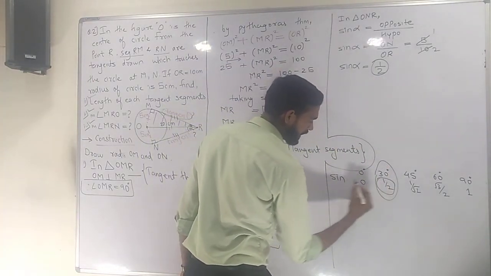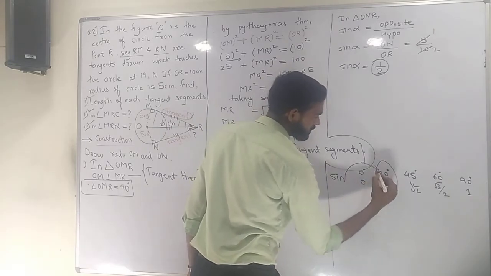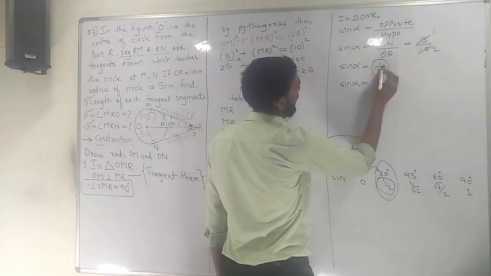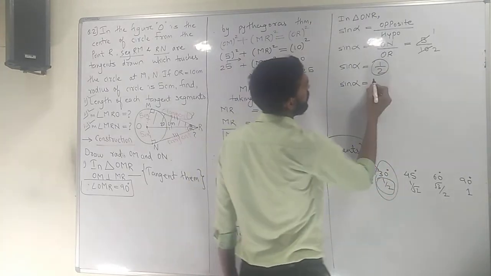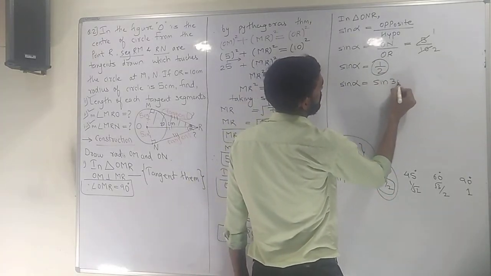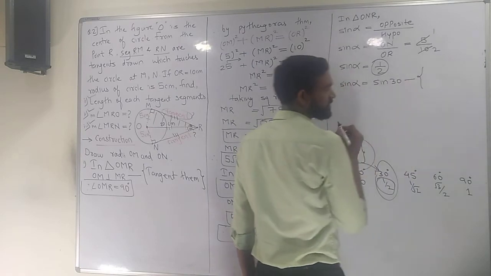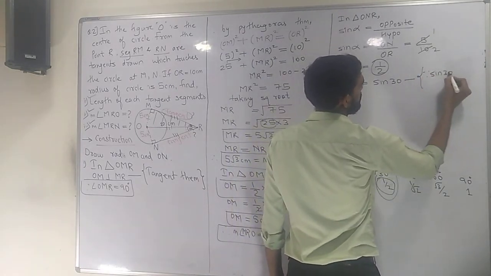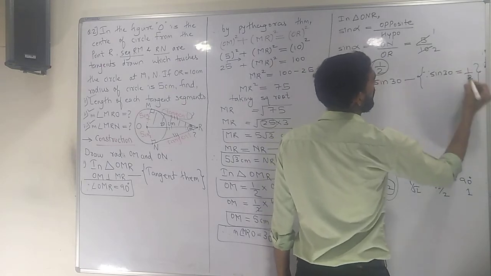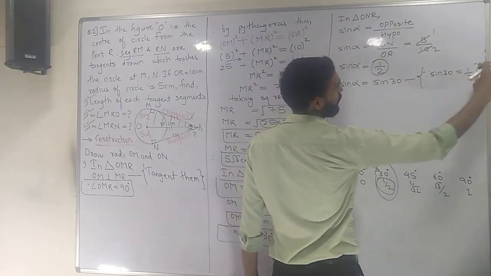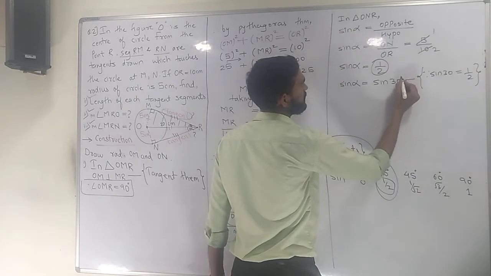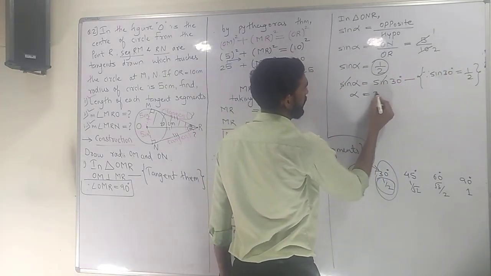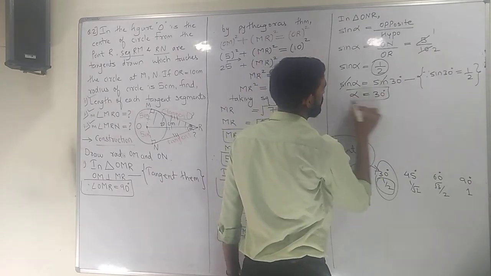When sine is 30 degree. So we'll write here sine alpha. At the place of half, we can write sine 30 degree. And here we'll mention the reason: since sine 30 is equal to half. Now sine will get cancelled. So I got my alpha as 30 degrees.